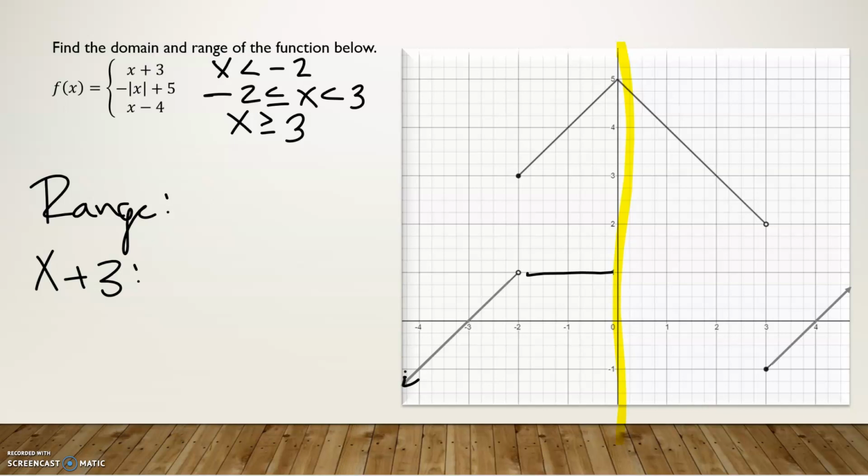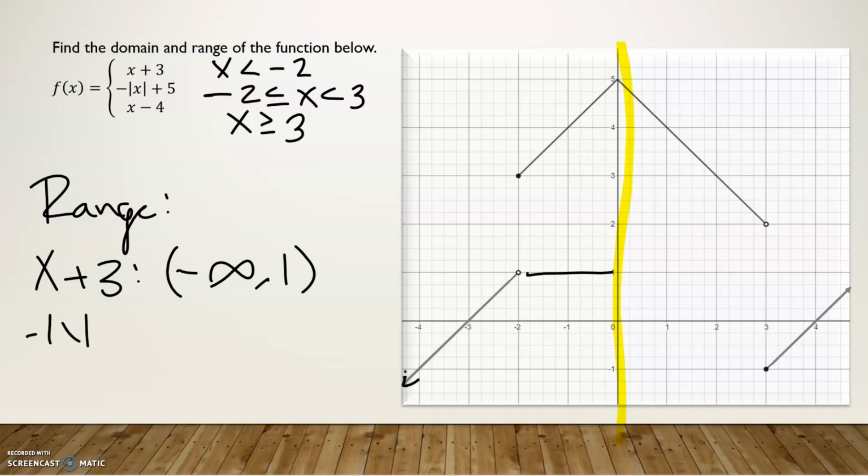So it goes from negative infinity up until 1, and it doesn't include 1. So negative infinity to 1.